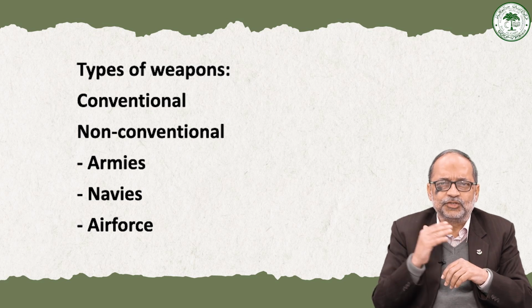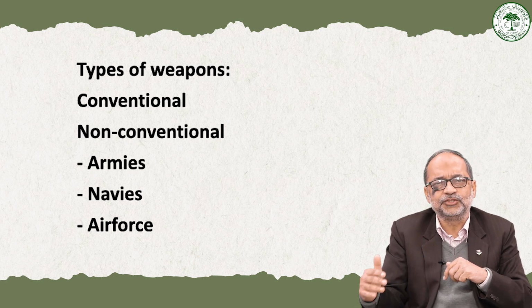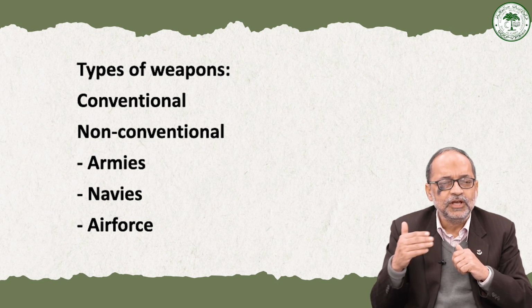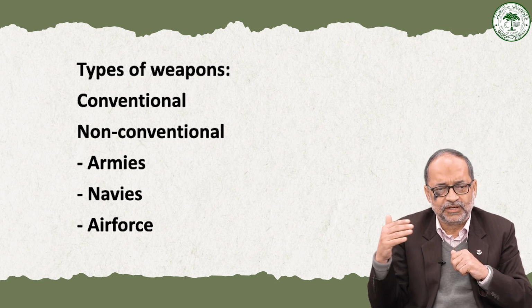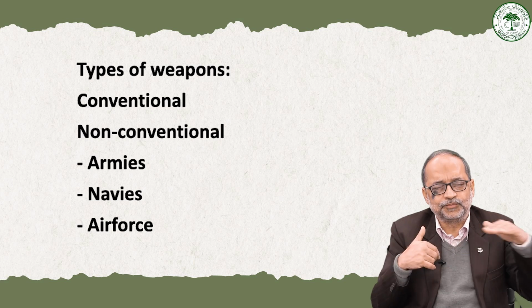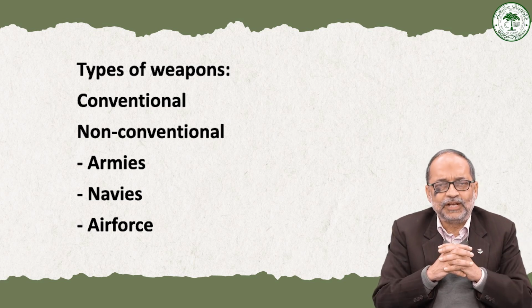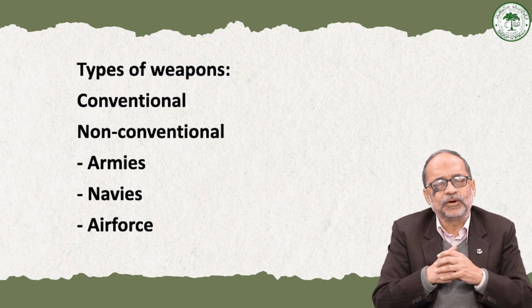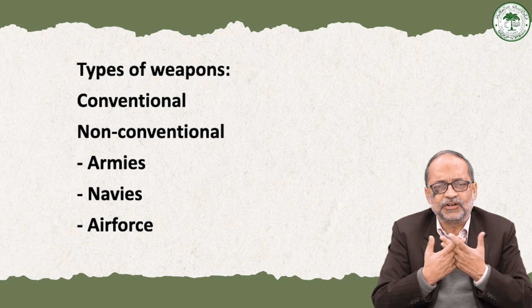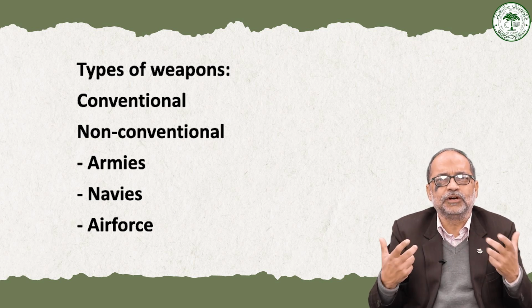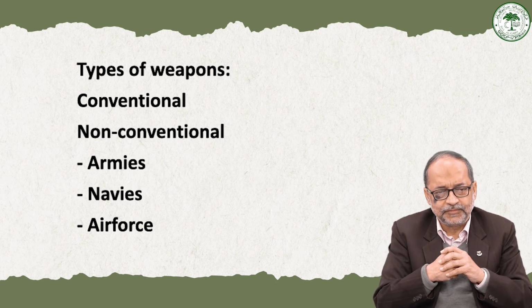But in the 20th century, as we came to the end of the 20th century and the beginning of the 21st century, we saw slowly that the Air Force came to occupy the topmost position in all these fighting arms. And today, the Air Force is supposed to be the most important arm of the conventional armies of any country of the world. And the stronger your Air Force, the stronger you are militarily.